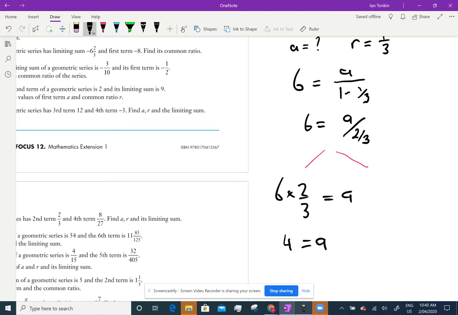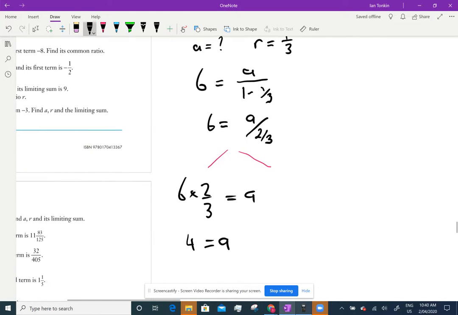The other way is to go 6 equals A multiplied by the reciprocal 3 on 2, which means I'm going to multiply that 2 across and divide by that 3. Either way, doesn't matter.